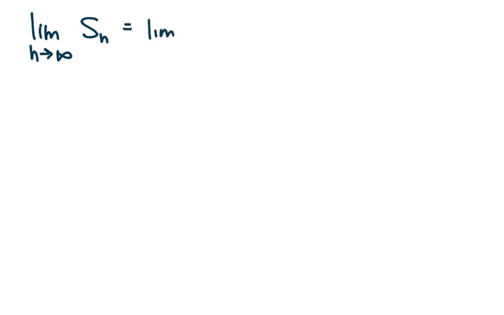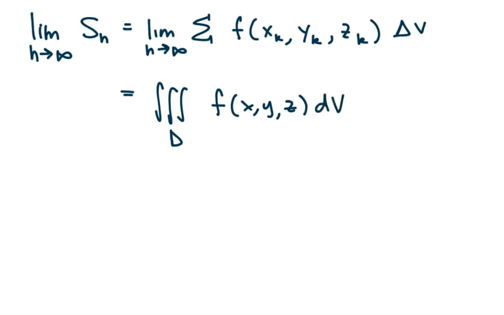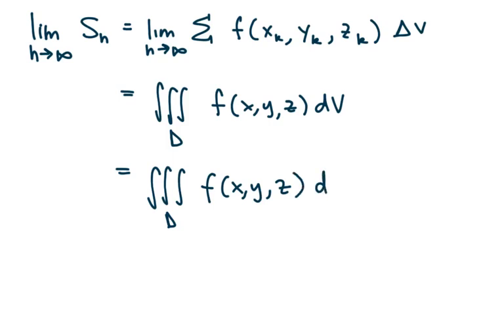What we're finding is the limit as n approaches infinity of the sum of all of these f of x sub k, y sub k, z sub k, all these output values times delta V. Simplifying that notation, that's like saying the triple integral over D of f of x, y, z dV, or the triple integral of f of x, y, z, and we're going to say dz, dy, dx.